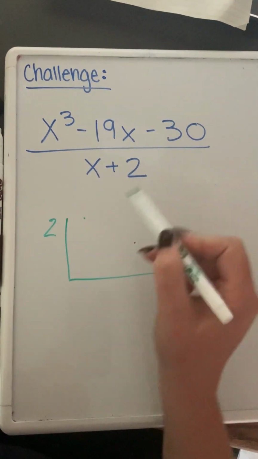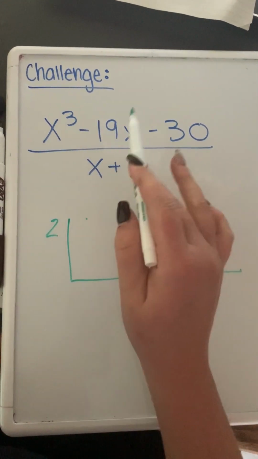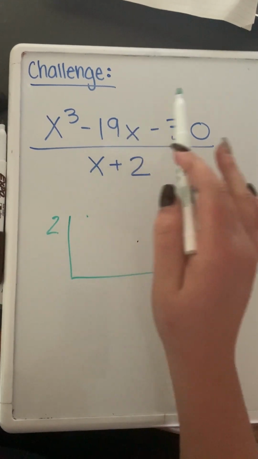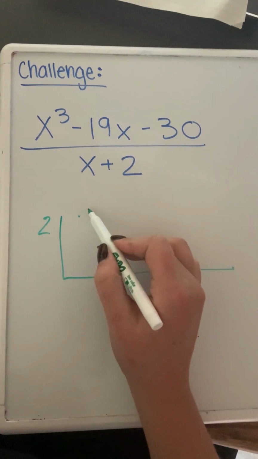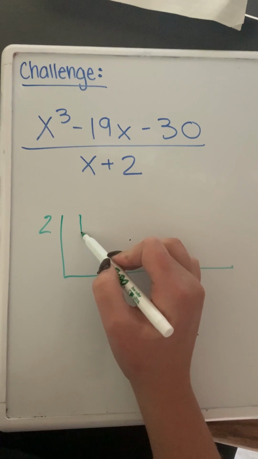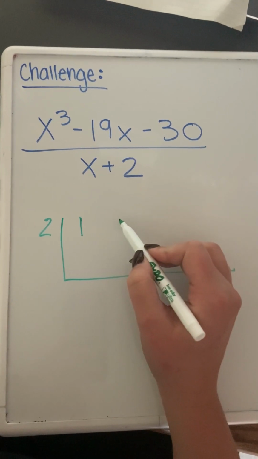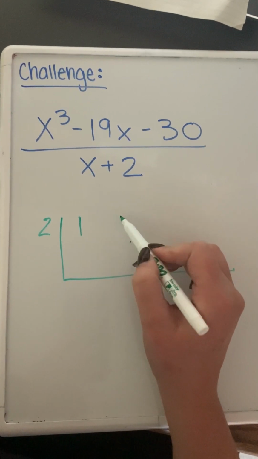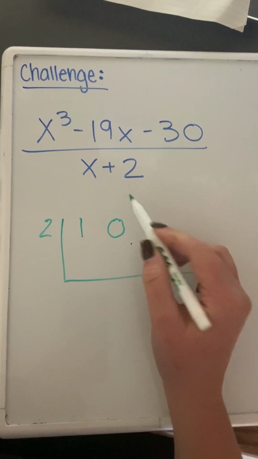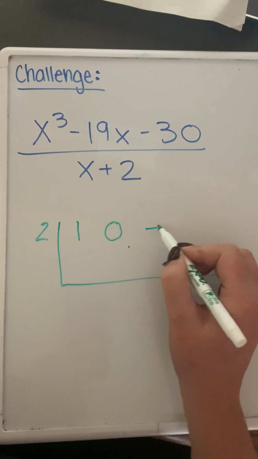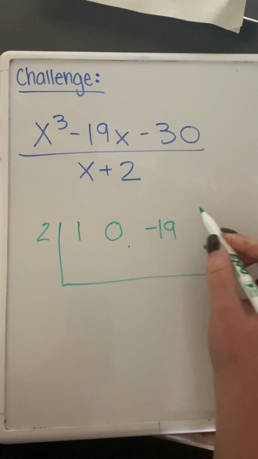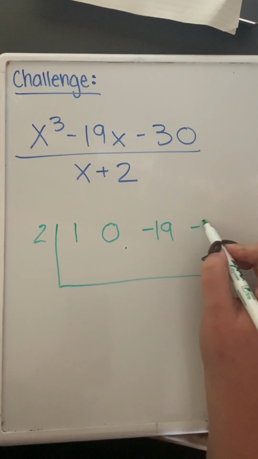When you bring down the coefficients, you have to remember that every power has a placeholder. So the power 3 is a 1 for coefficient. Power 2, there is none, so that would be a 0. For the power 1 is negative 19. And for 0, it's negative 30.